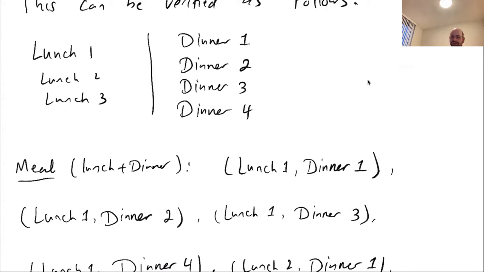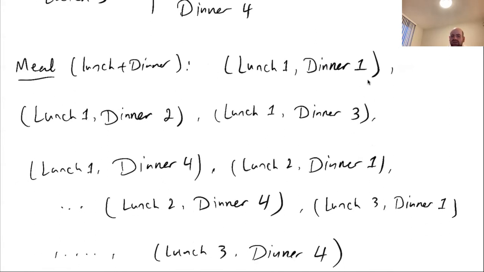So my point is, we can express this with set theory. We just need to call that set of lunches, let's say, A1, set of dinners A2, and then the set of meals would be the set of elements in A1 cross A2, because each meal corresponds to one pair, and each pair means one element of A1 cross A2, A1 Cartesian product with A2.